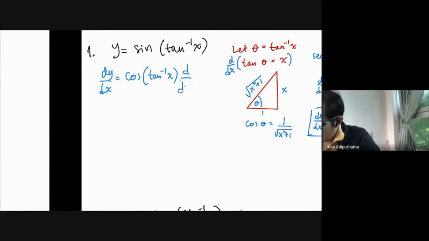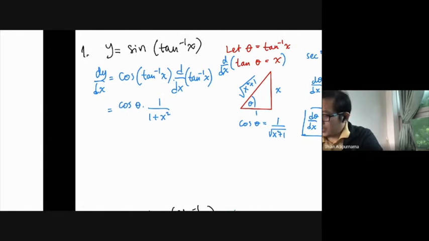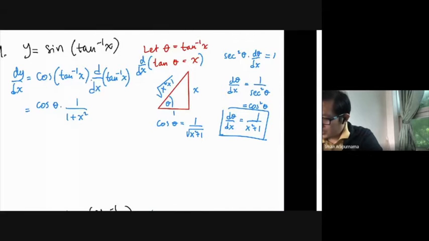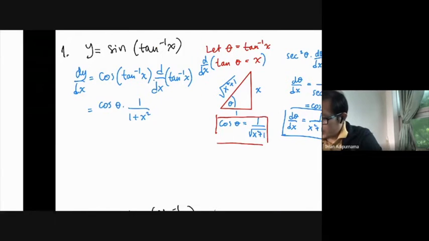Or I will write one by one. So the derivative dx of tangent inverse x. Let me change the tangent inverse to cos theta. And tangent inverse, we derive 1 over 1 plus x squared. Cos theta we get from here is 1 over square root of x squared plus 1, right?